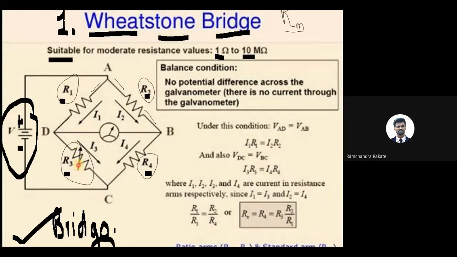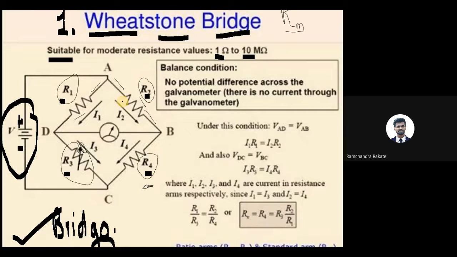Why standard? You can observe there is one arrow, so this is a standard, or we can say variable, resistance. R1 and R2 are the normal resistances. What apparatus do we need? We need one unknown resistance. That is why we are using this Wheatstone bridge method. Through it we will be able to find the value of the unknown resistance R4, and the remaining 3 resistances will be known.